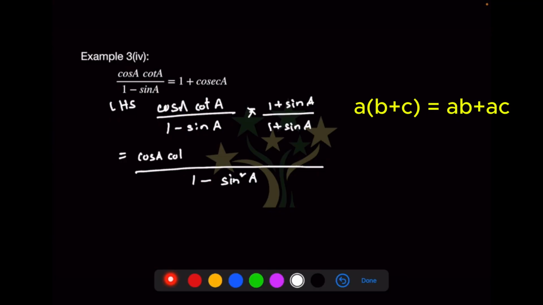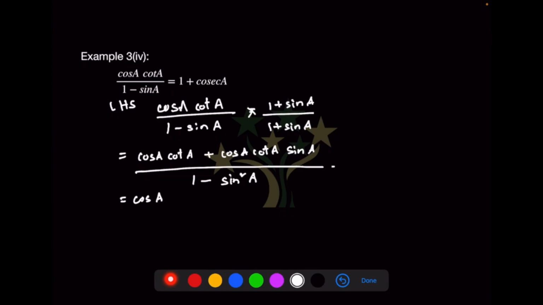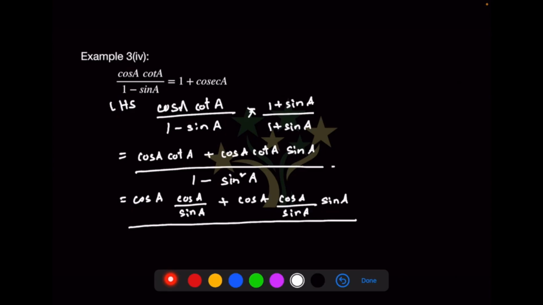Cos A cot A into 1 plus cos A cot A into sin A. Cos A, what is cot A? Cos A by sin A. Similarly, we can write cos A into sin A. What is 1 minus sin square A? 1 minus sin square is cos square A.